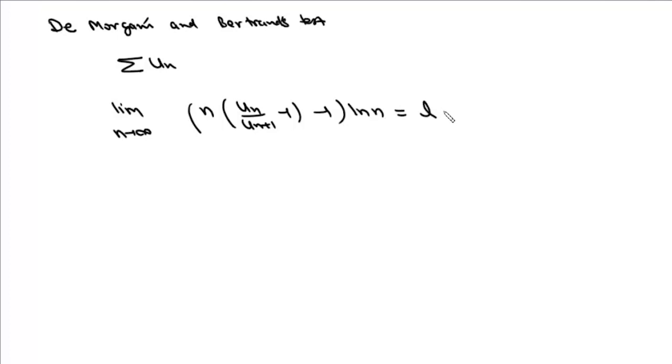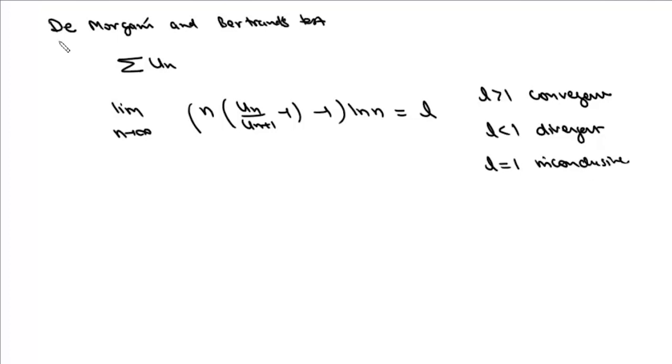And suppose this is equal to L. Now if L is greater than 1, then it is convergent. If L is less than 1, then it is divergent. And if L is equal to 1, then the result is inconclusive.